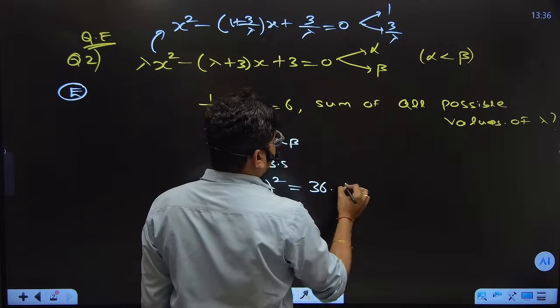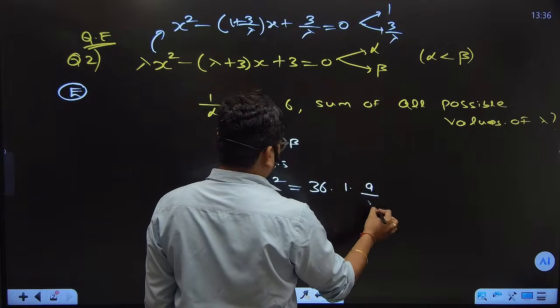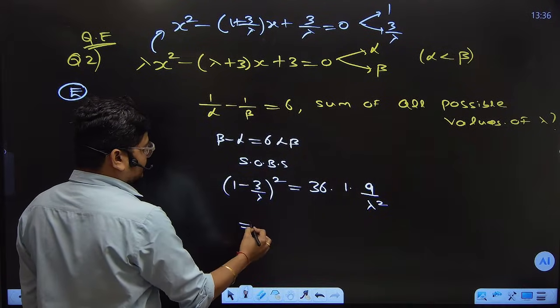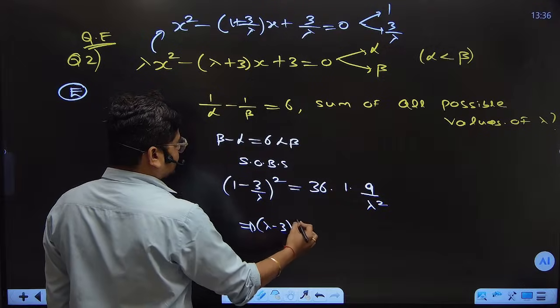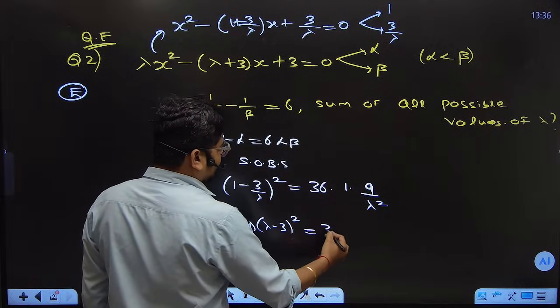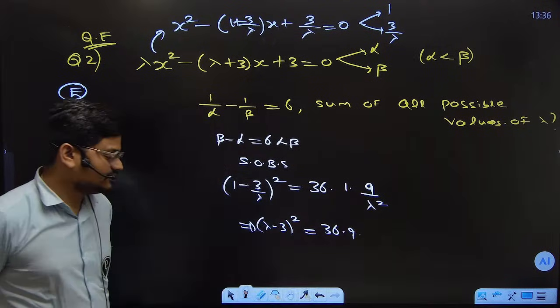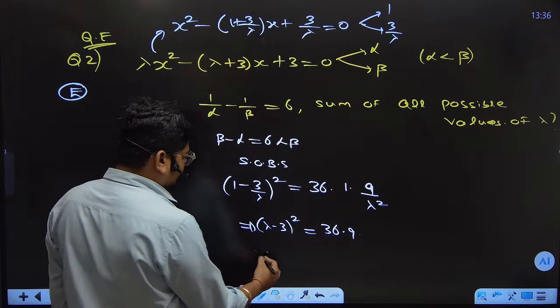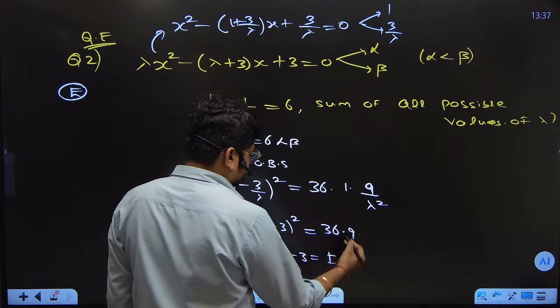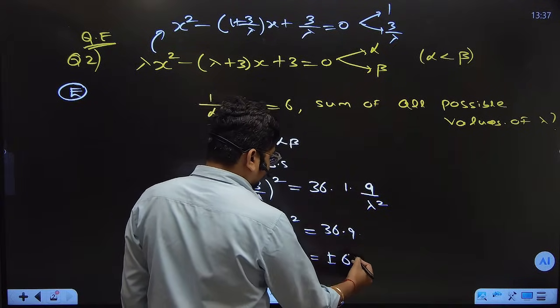So alpha square is 1, beta square is 9 by lambda square. Okay, and if I observe this carefully, it is lambda minus 3 whole square. The denominator having lambda square gets anyhow cancelled. It is 36 into 9. Right? So which gives me values of lambda minus 3 is equal to plus or minus 6 root 9. Okay.